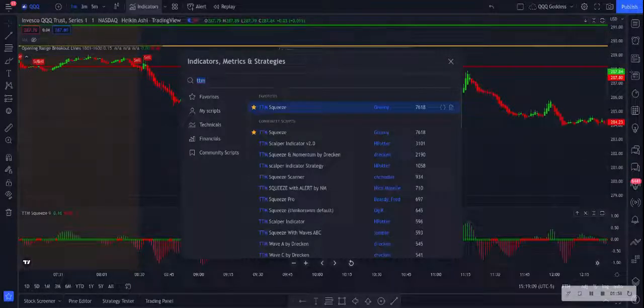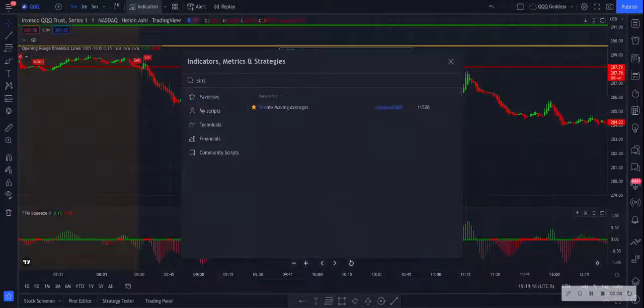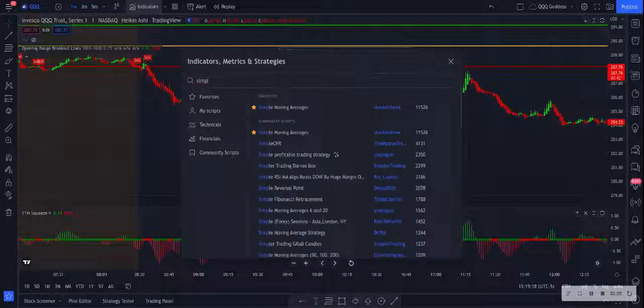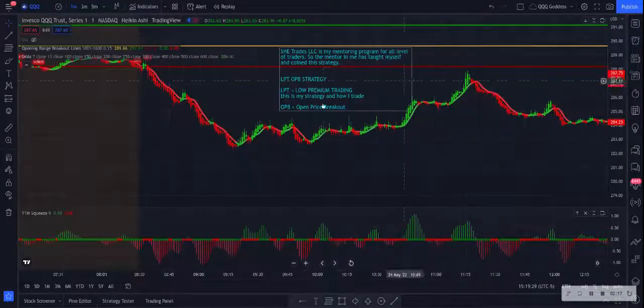It's by Greeny. And then we're going to add simple moving averages by stocks in box. And that's it.